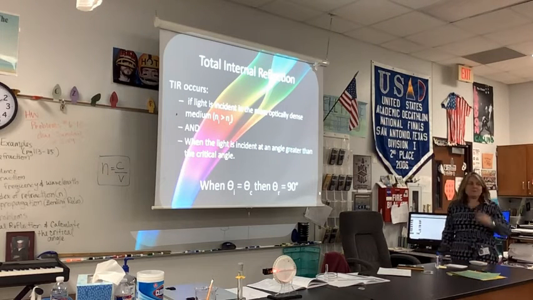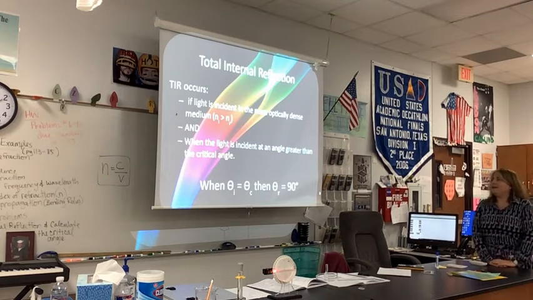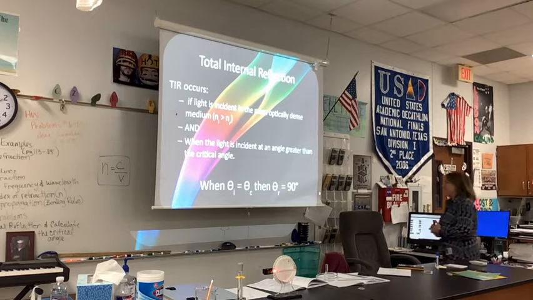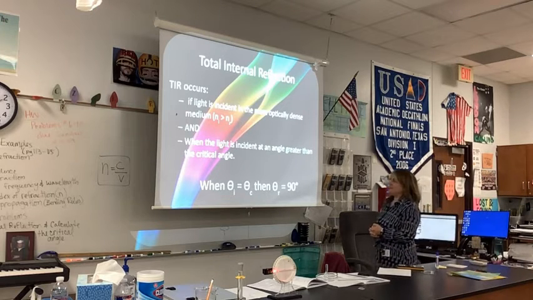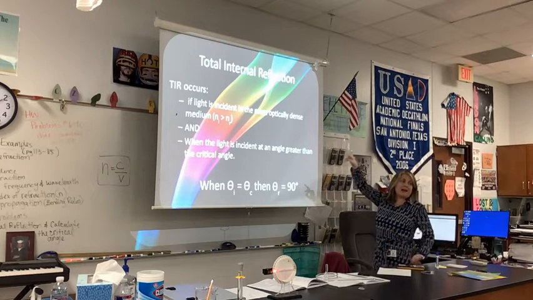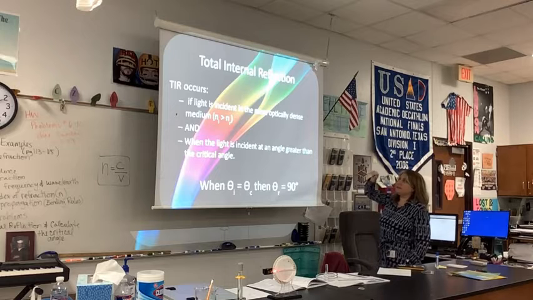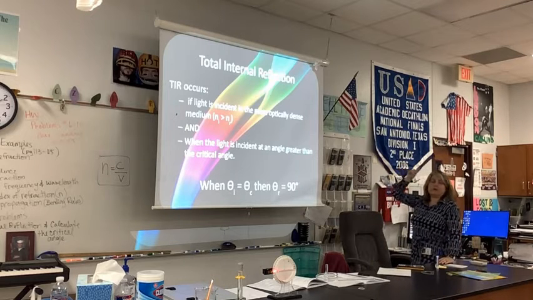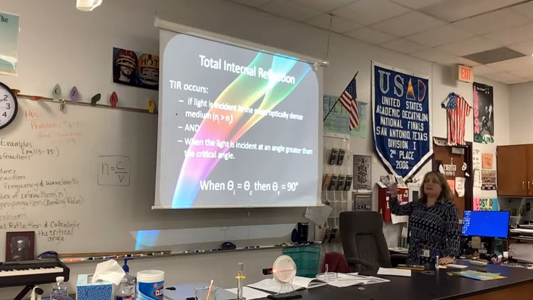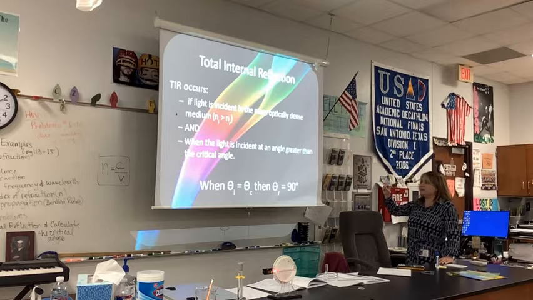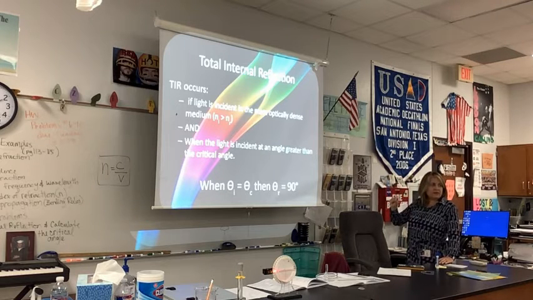All right, so these are my shorthand notes, and you can use this if you want. TIR is total internal reflection. It occurs when light is incident in the more optically dense medium and at an angle greater than the critical angle.